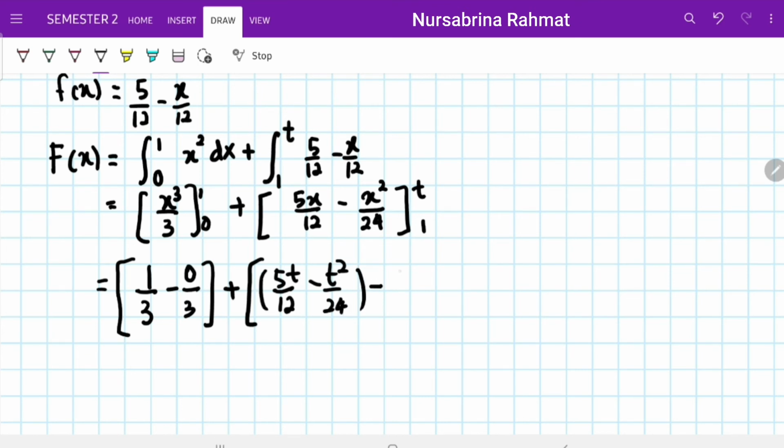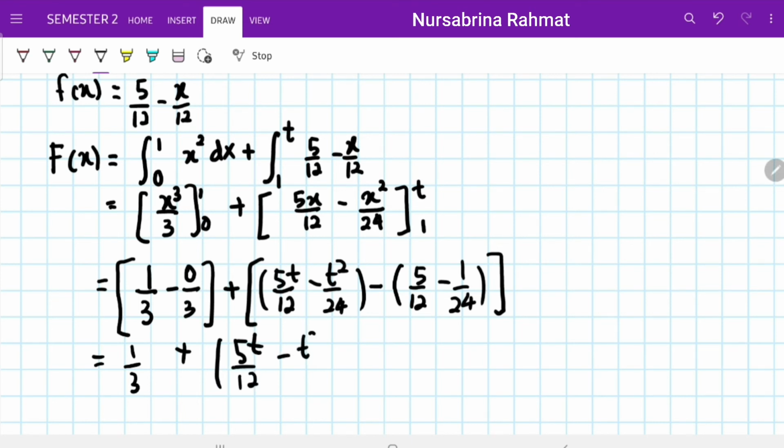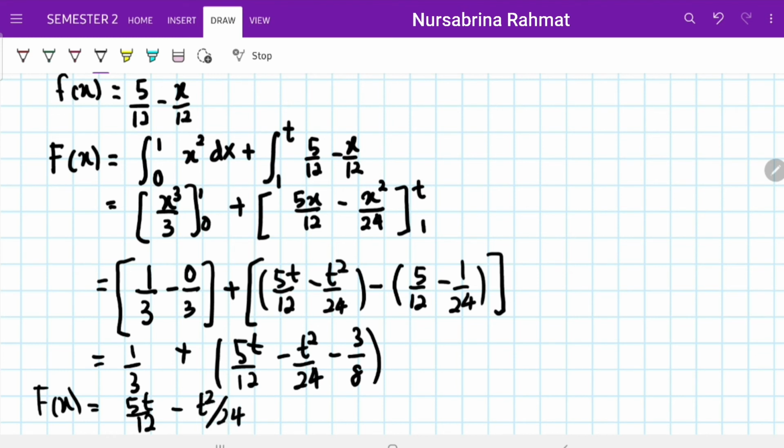Then I subtract what I get when I replace x with 1, so 5/12 minus 1/24. So we have 1/3, and this one, if I simplify it, becomes 5t/12 minus t squared over 24, equal to minus 3/8. Simplifying further, your F(x) becomes 5t/12 minus t squared over 24 minus 1/24 for this class interval, which is between 1 < x < 5.